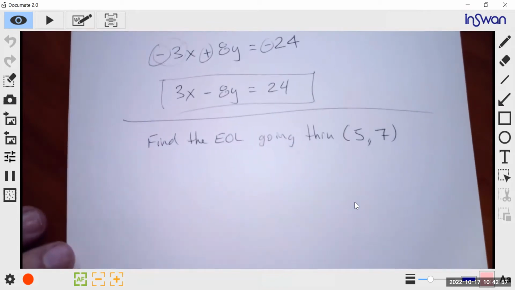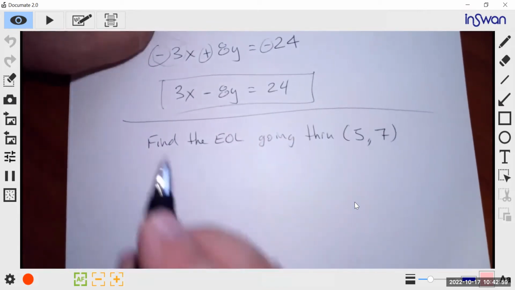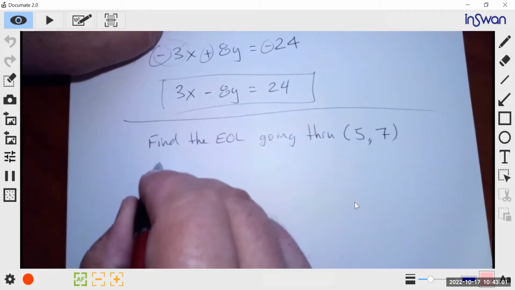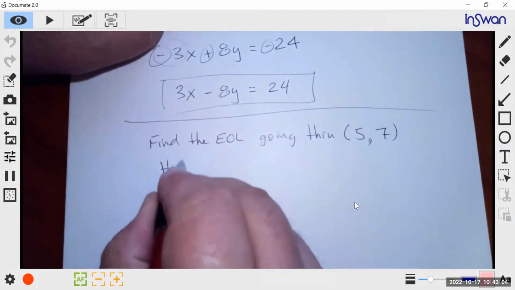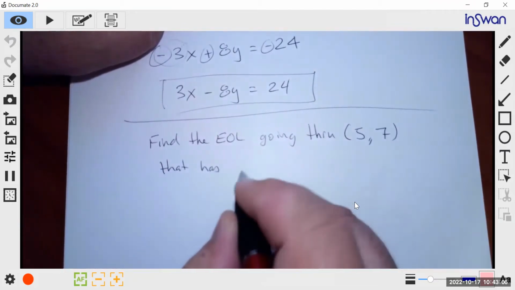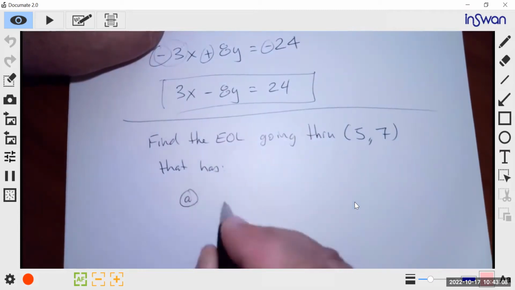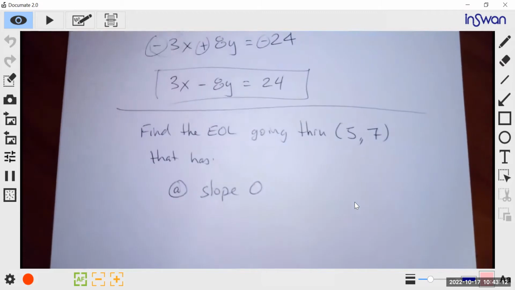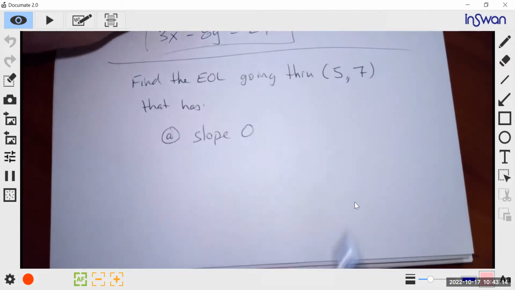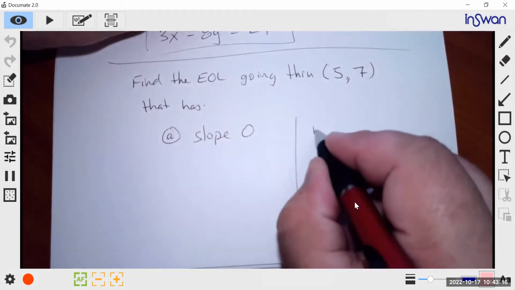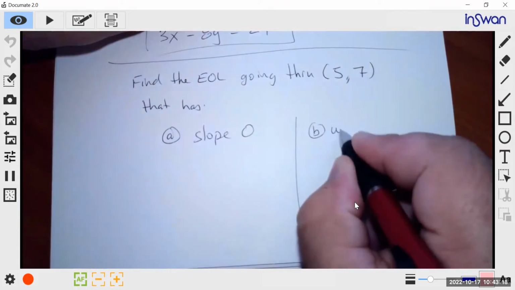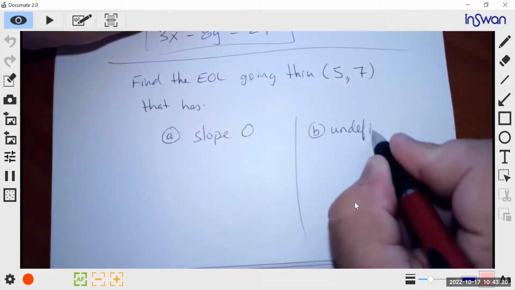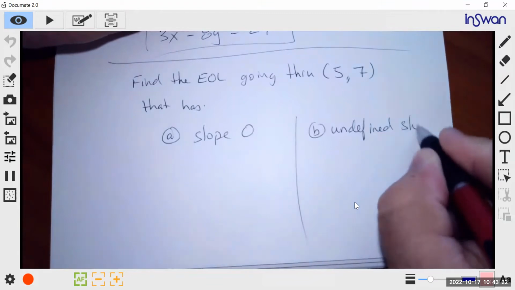Find the equation of the line going through point (5, 7) that has slope 0, undefined slope.